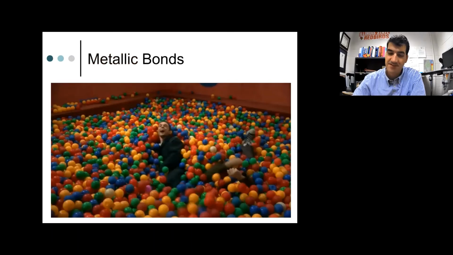And oftentimes when I think about lattice structures, I think about something like this. It's not a ball pit, so it's not the best example because this is not quite as ordered. And also the balls themselves can move around very easily, which is not true in a lattice structure.